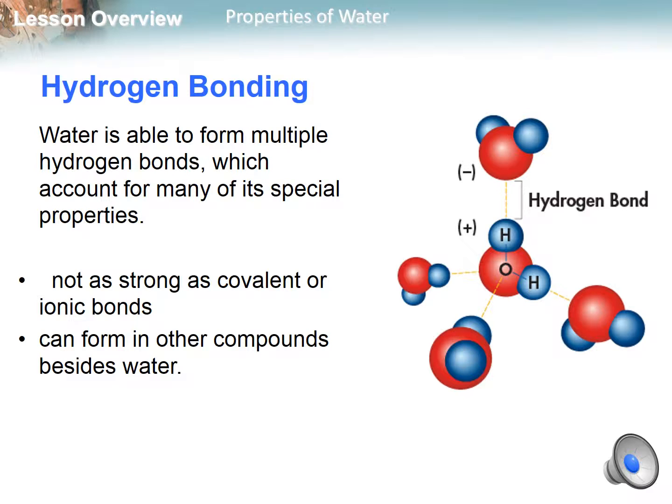Since water is able to form multiple hydrogen bonds, that allows the water molecules to connect in a special kind of way. These hydrogen bonds are not as strong as covalent or ionic bonds, and they can form in other compounds besides water, like I had said.